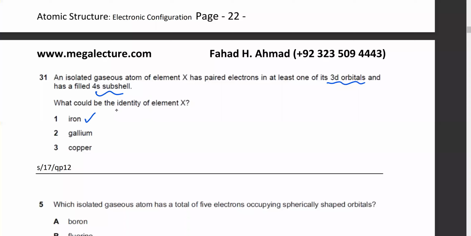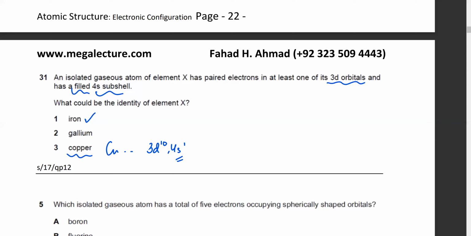Copper would not be correct. It says it has a filled 4s subshell. For copper, remember copper is a special case. Copper's electronic configuration was 3d10 and 4s1. So the 4s is not completely filled. So that means it can't be copper.